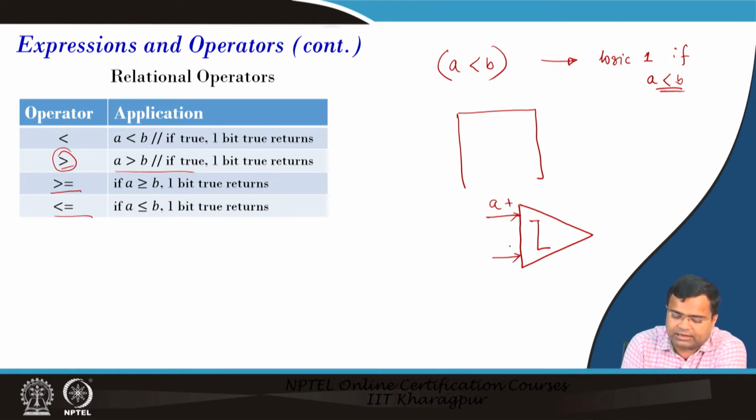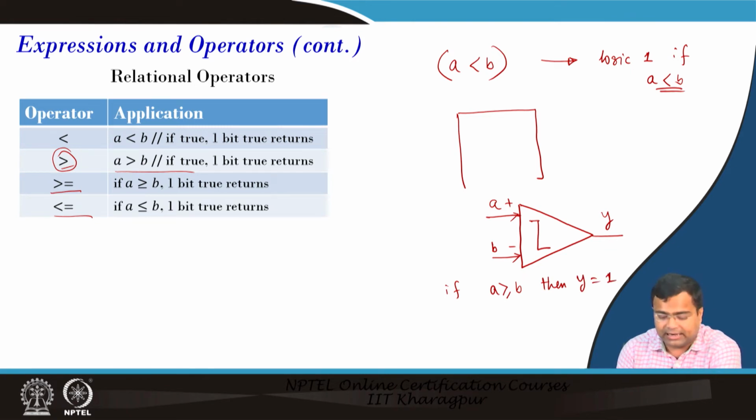This is the plus terminal a, minus terminal b, and this is output y. The output goes high when a is greater than equal to b, then y equal to 1. If a is less than b, then the output is 0.